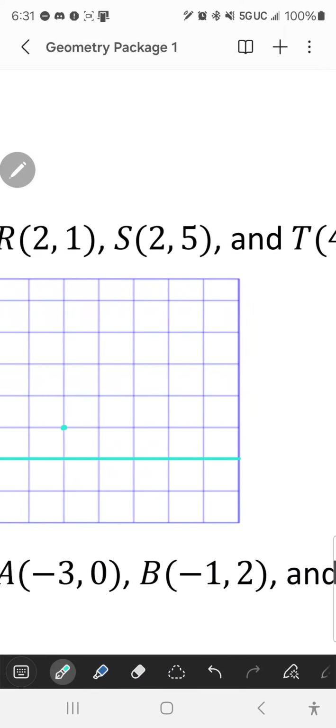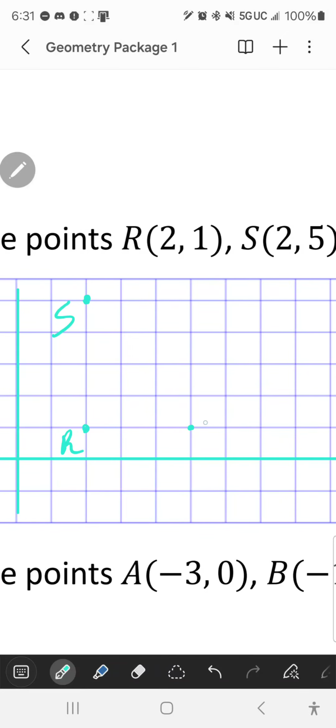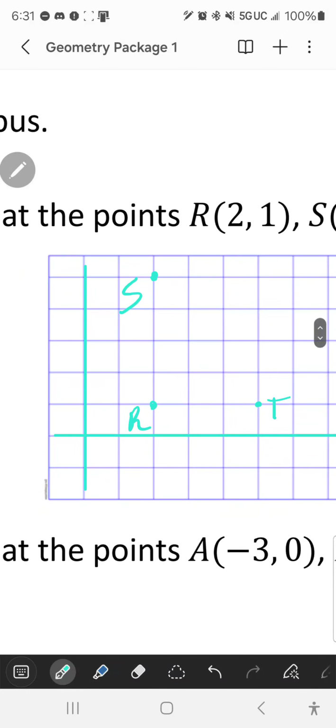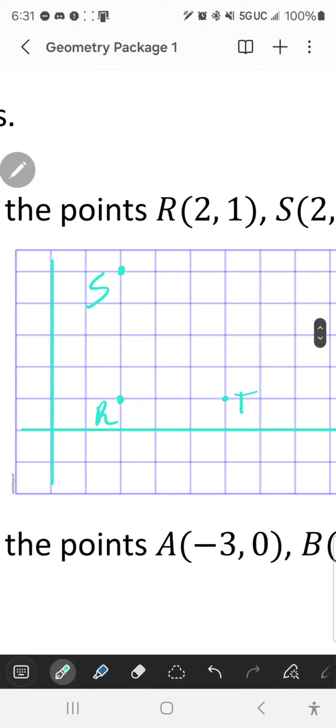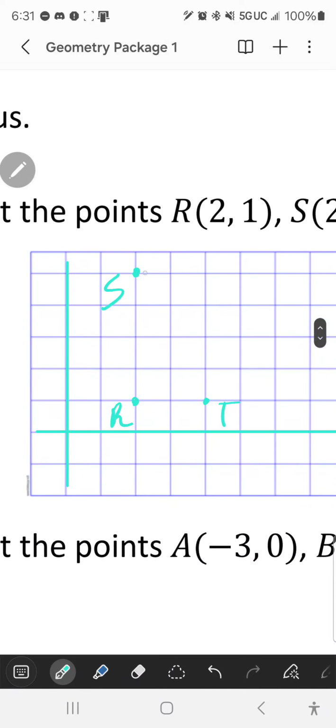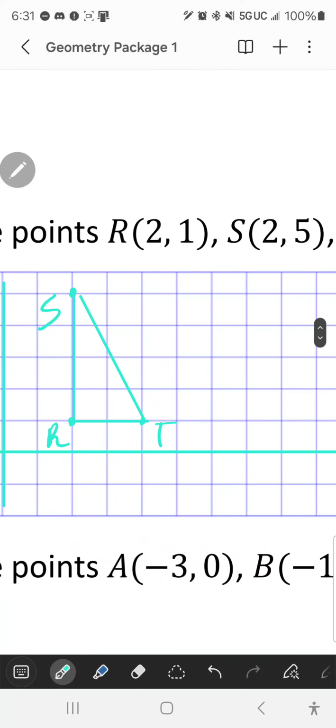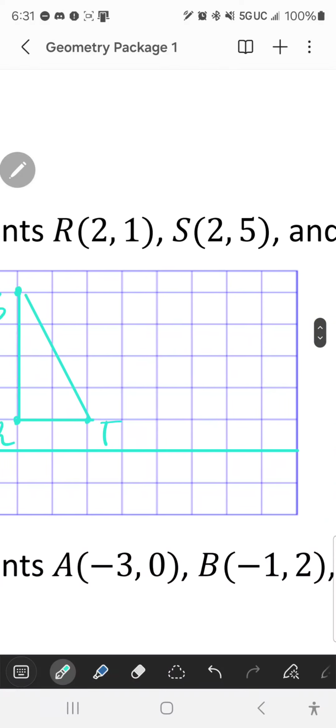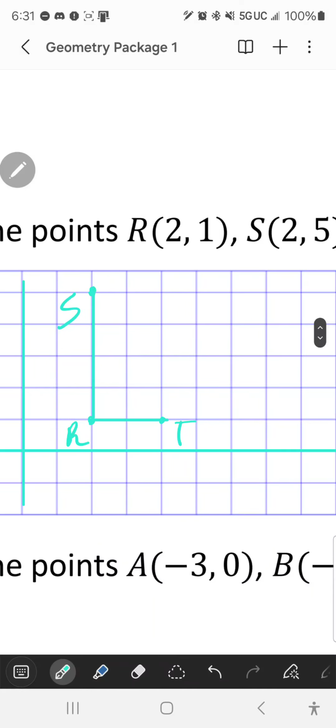This is T. Oh, it was 2, so 2, 3, 4. So this is T. We have this as our triangle with R at 2, 1, S at 2, 5, and T at 4, 1.